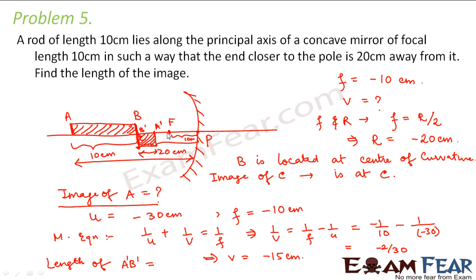We know that this entire length is 10 and this is 5. So from the diagram it is very clear that this length will come out to be 5 centimeters, because this is 10 and then again this is 10. This distance is also 10, and this A is located at 15 centimeters from the pole. So this distance is 15.